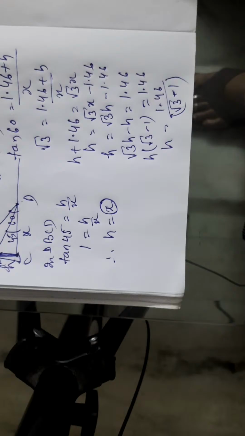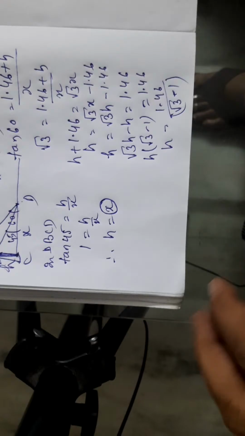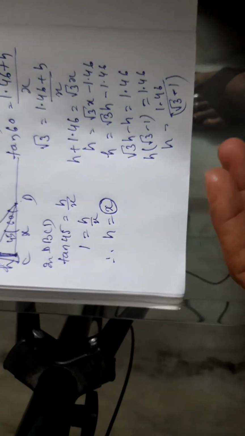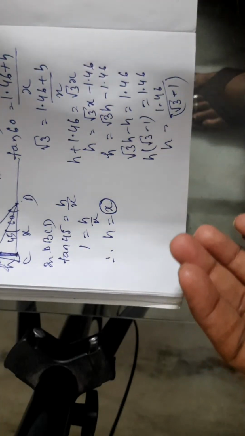So here, two pillars of equal height stand on a road 100 meter. Check whether you can read or not. Okay, it's invisible.